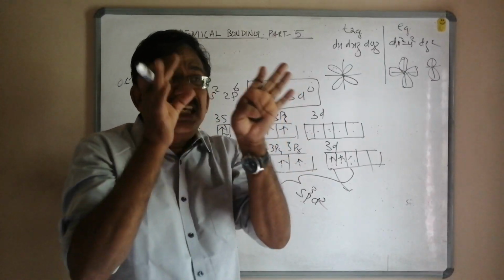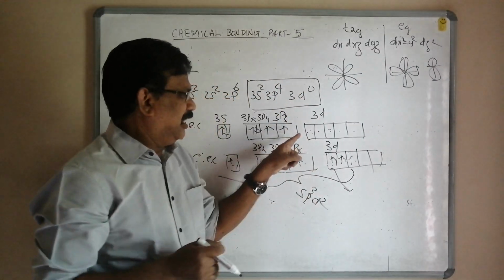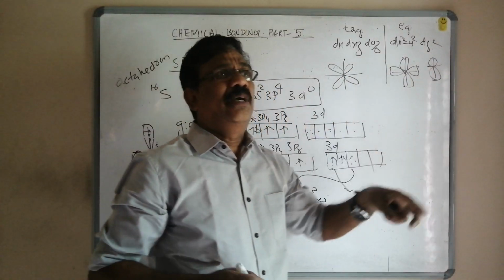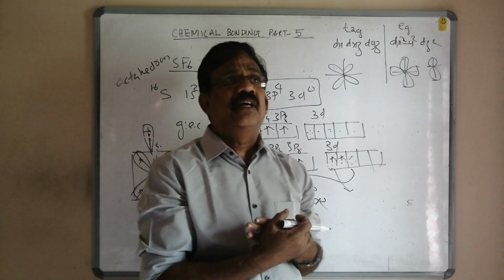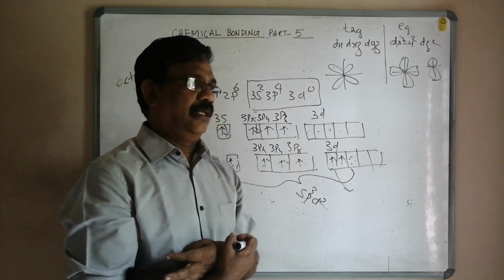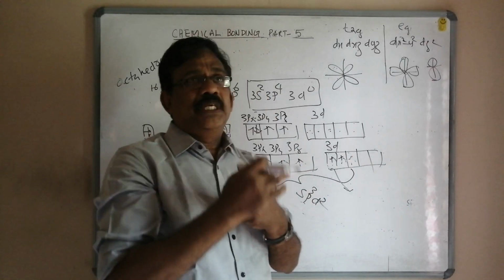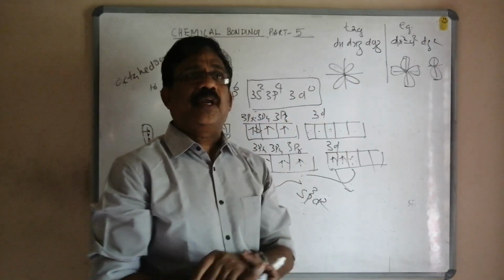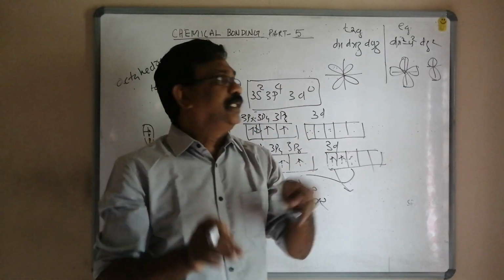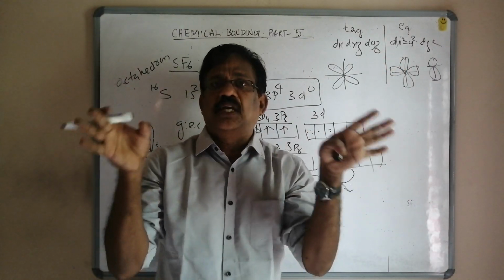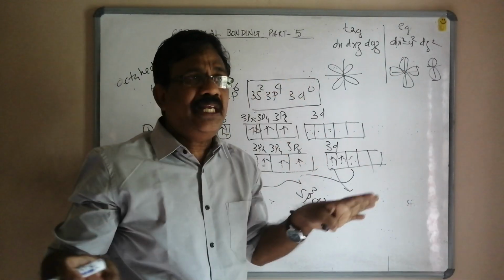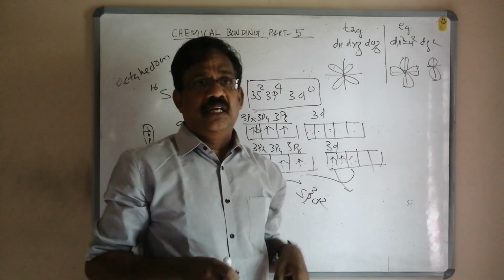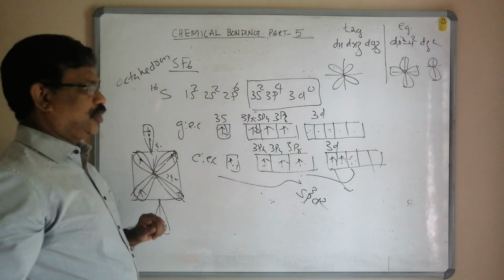If it is sp3d, only one d orbital is involved, dz square, because its orientation is similar to that of the pz orbital. I discussed that for the PCl5 molecule. So in sp3d the d orbital is dz square; in sp3d2, the d orbitals are dx square minus y square and dz square; in sp3d3, the three d orbitals involved are dxy, dxz and dyz. So this is the hybridization.